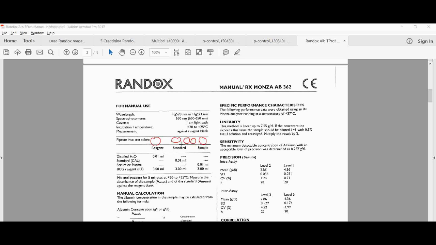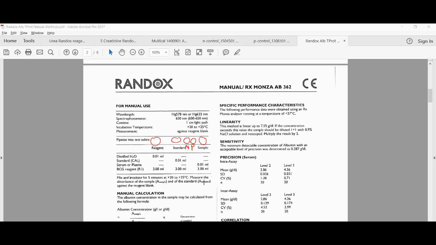In this tube, 10 microliters of in control. In this tube, 10 microliters of P control. And in this tube, 10 microliters of your sample. So you're going to sit with 3000 microliters of reagent and 10 microliters respectively of each: water, standard, in control, P control, and patient sample.